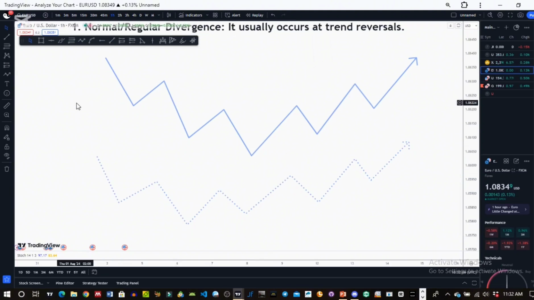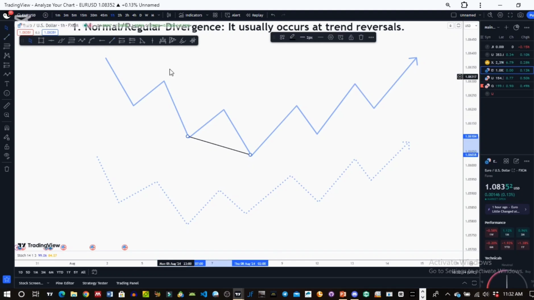So what this normal bullish divergence means is that there is convergence between the direction of the price and the direction of the indicator. All right. Once you notice this convergence, it's more likely that price will want to reverse.